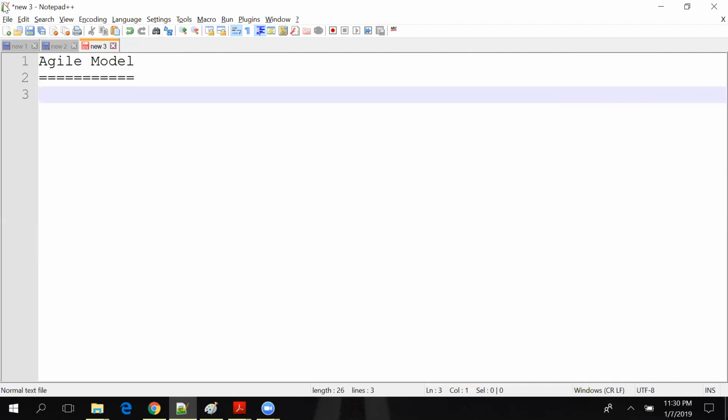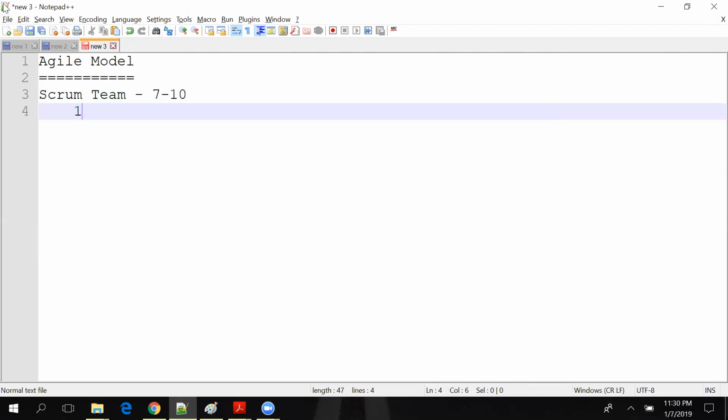In Agile, you need to know a couple of things. First is the Scrum team. You have to set up a team, which is called the Scrum team in Agile. The team members may vary from 7 to 10. In this team, there will be one person known as the Scrum Master. He is not going to do any work himself.